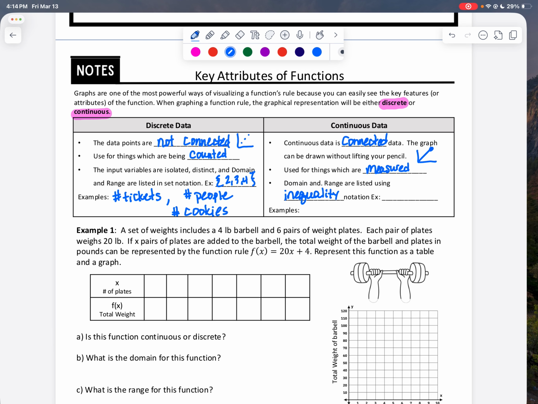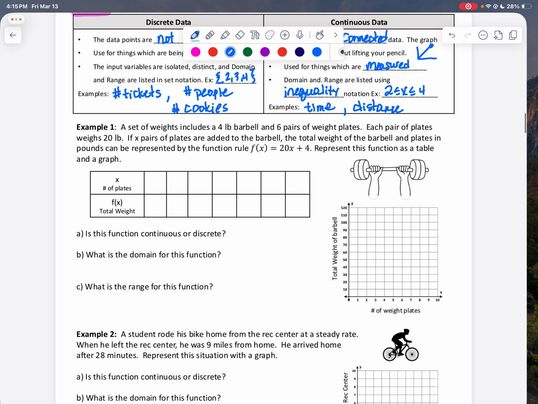So like in the previous example, 2 is less than or equal to x is less than or equal to 4. So some examples of continuous data might be time or distance, things like that, okay?